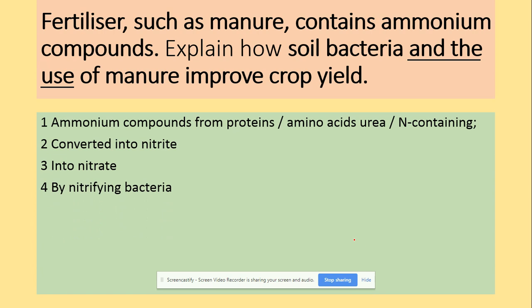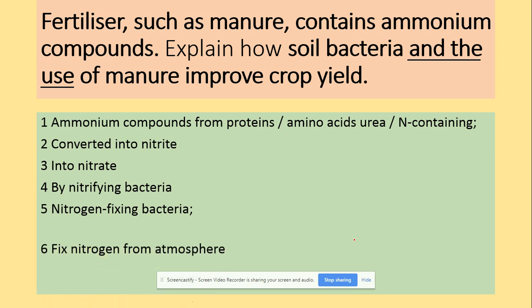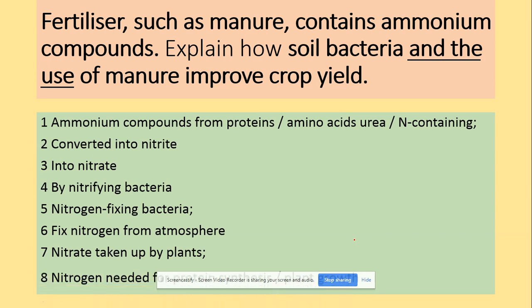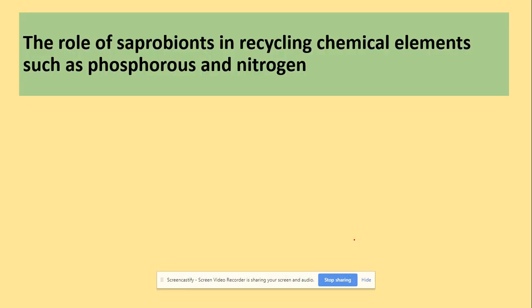This process is provided by nitrifying bacteria, and also nitrogen fixing bacteria to fix nitrogen from atmosphere, which will be taken up by plants as nitrates. And to finish your answer, you need to say that the nitrogen will be needed, for example, for the protein synthesis or for the plant growth.